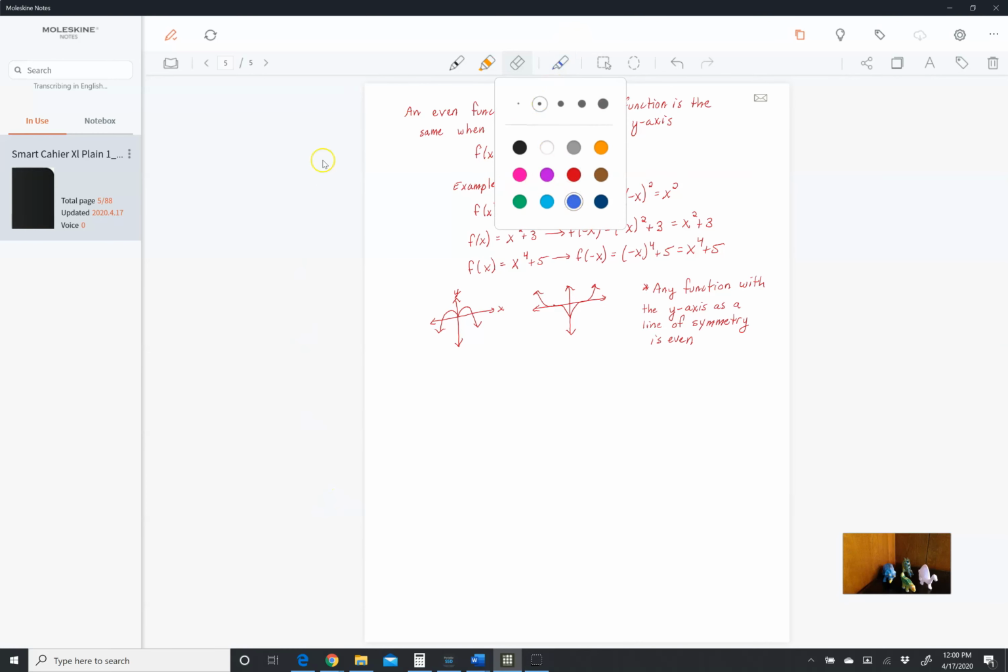So an odd function is when the function is the same when we reflect it in the origin.